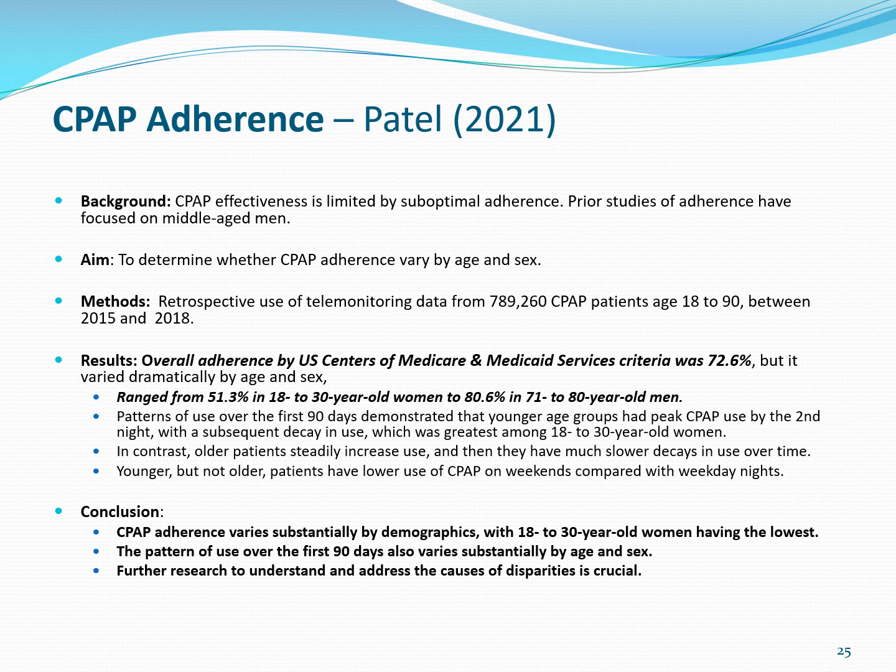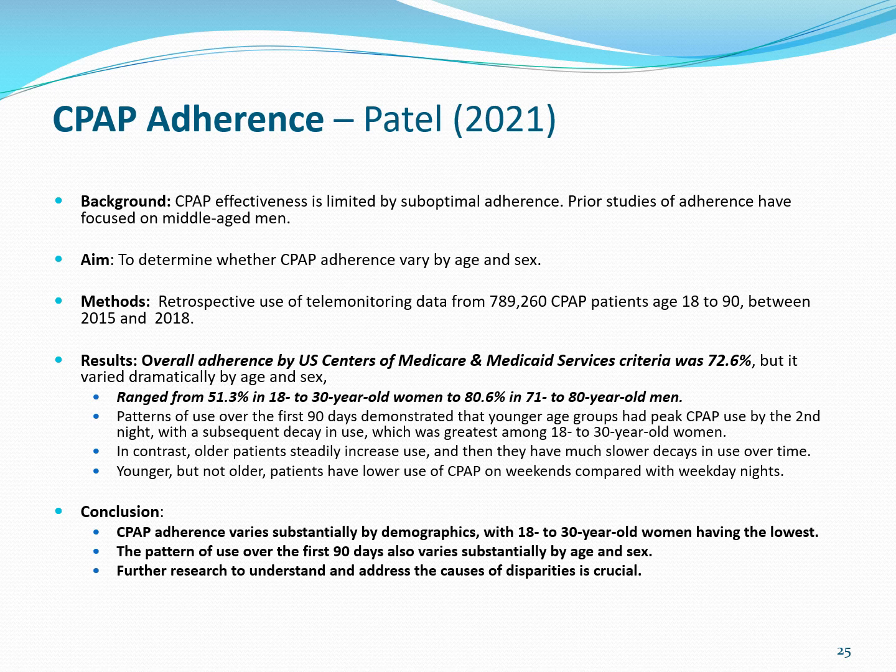Now, Patel took a look at CPAP adherence by trying to, if you will, quantify what groups tend to be more compliant, age, gender, things along those lines, versus groups that are less compliant, all right? And they really looked at it as a retrospective use of telemonitoring data, okay?